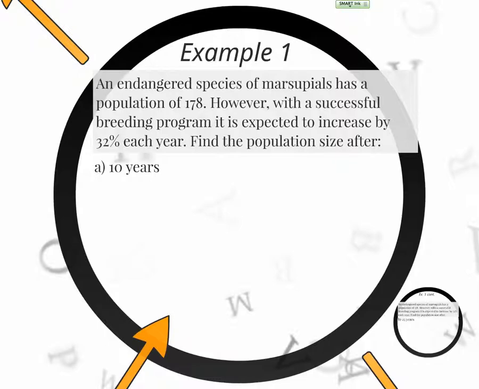However, with a successful breeding program, it's expected to increase by 32% each year. So the first question we're going to find out is: find the population size after 10 years. There's very few of these marsupials left, but if we implement this breeding program, the population will grow 32% each year.